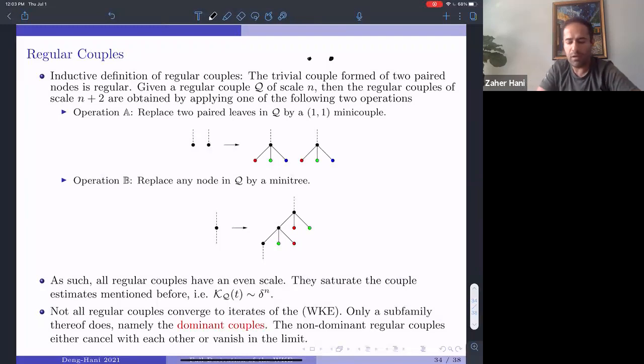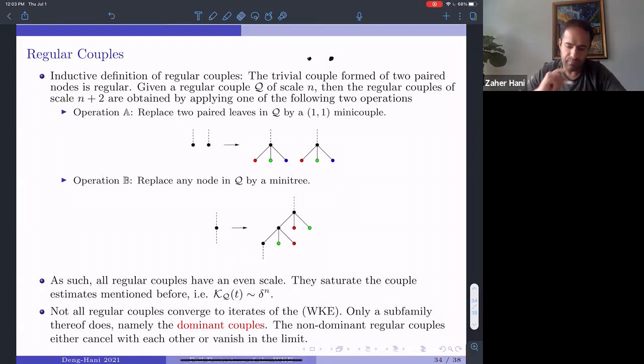Operation A: you take 2 paired leaves in the couple Q. If it has scale n, then it has n pairs of leaves. You take 2 paired leaves, and then you extend the couple by attaching a 1-1 mini couple at those paired leaves. I do this at each paired leaf, and then I pair this with this, this with this, this with this. This is exactly what is written in this picture.